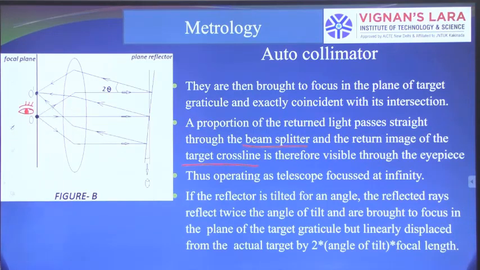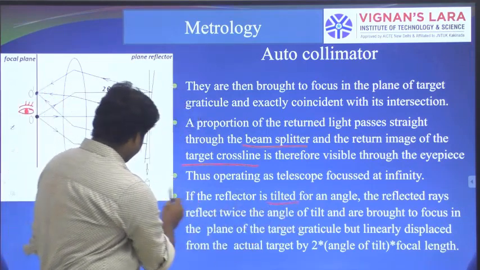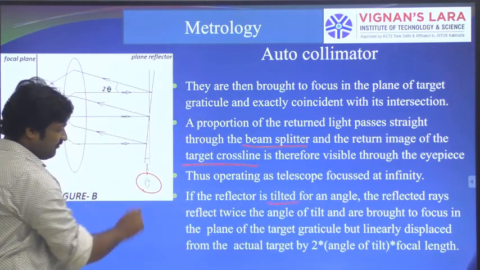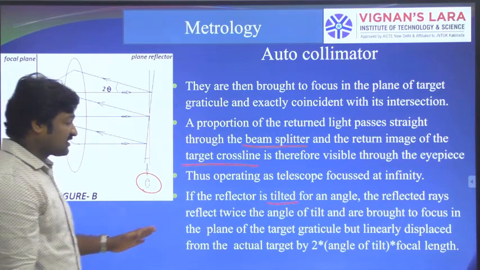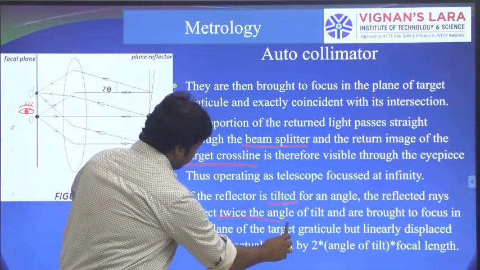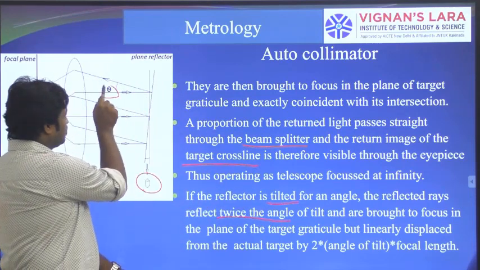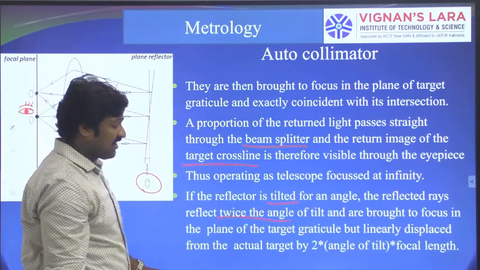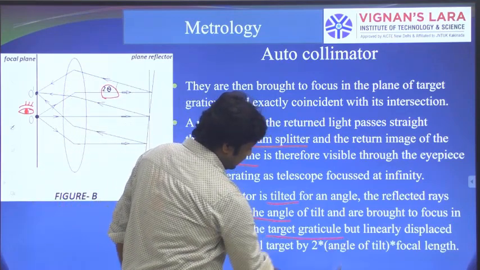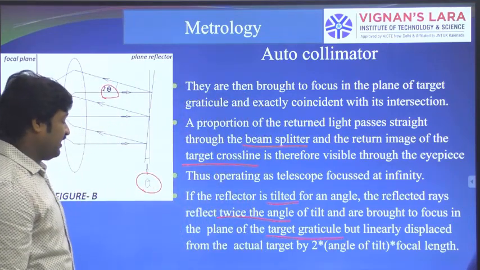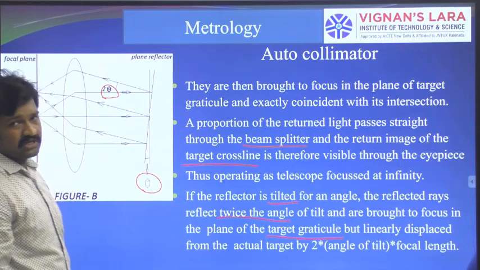If the reflector is tilted, so here if it is making an angle, the reflected rays turn through twice the angle of the tilt and are brought to focus in the plane of the target graticule, but linearly displaced from the actual target by 2 theta.